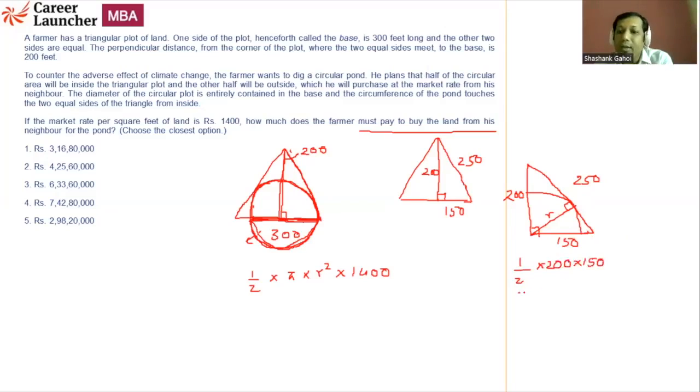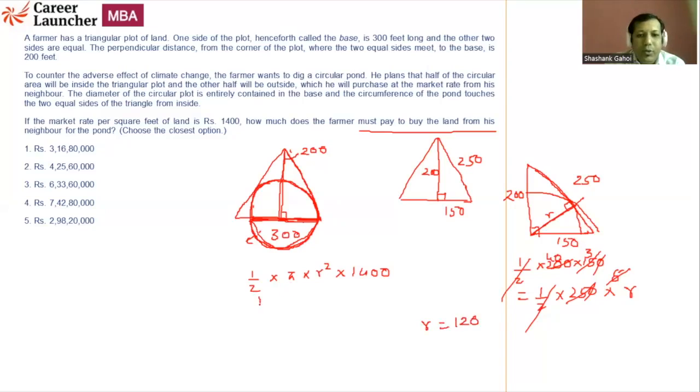We can also calculate the area as half into base, that is 250, into height, and the height is R. So that comes out to be this. This gets cancelled out. 0, 0, 3, 5, 40. So my radius comes out to be 120.